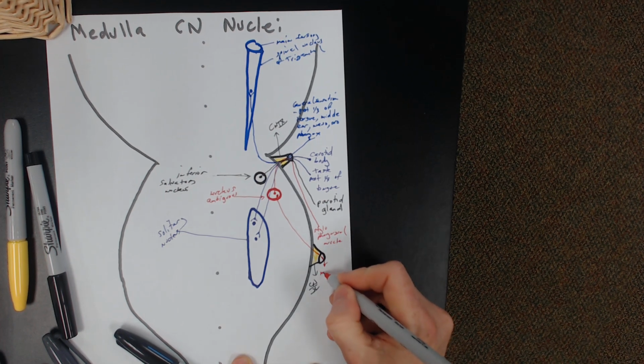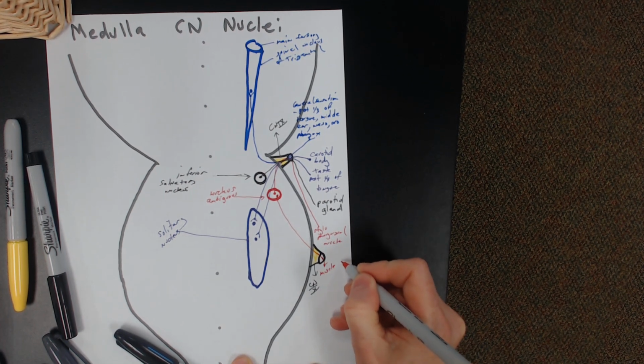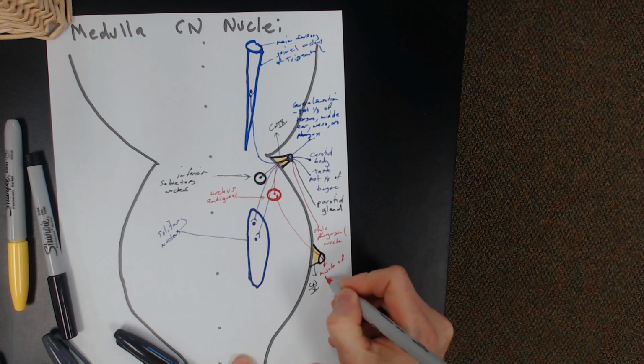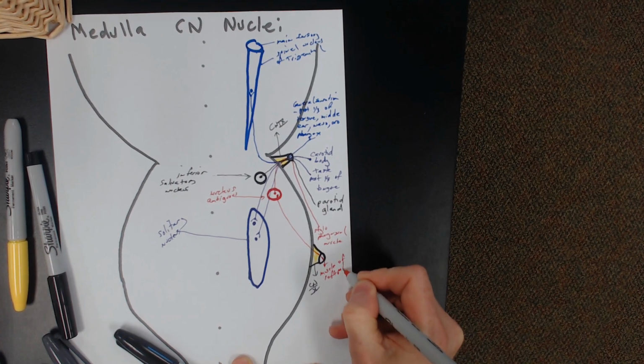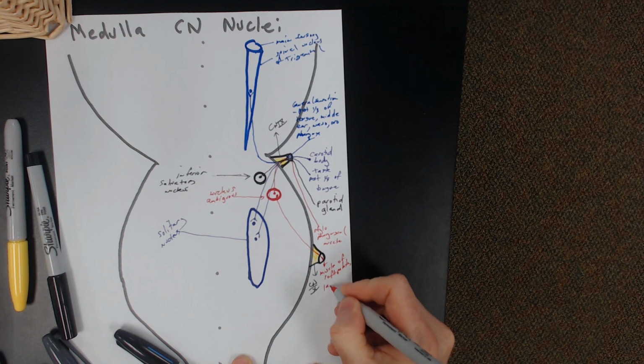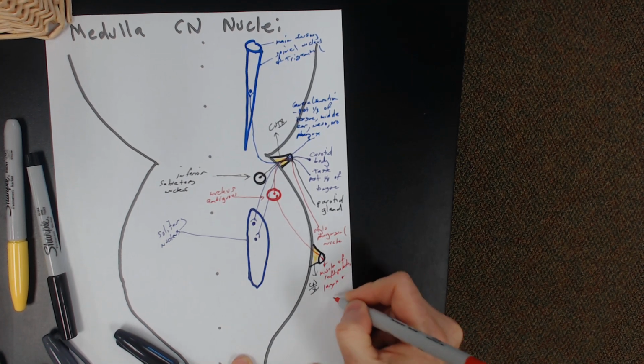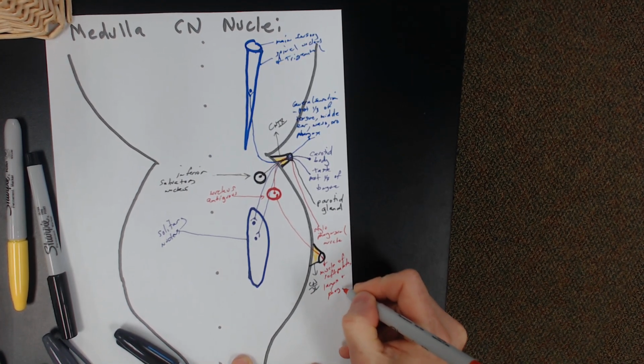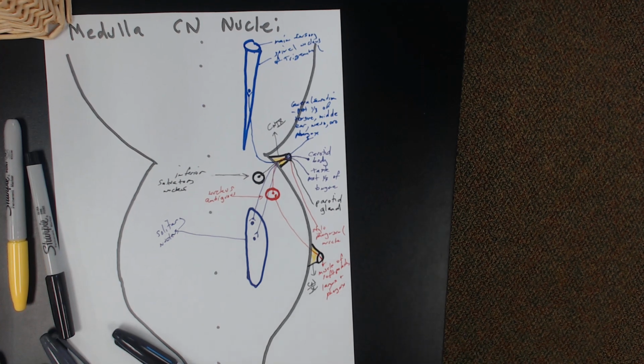This is going to be muscles of the soft palate. Right, I hear it over there, larynx and pharynx. Okay. That's going to be the voluntary motor activity for cranial nerve number 10.